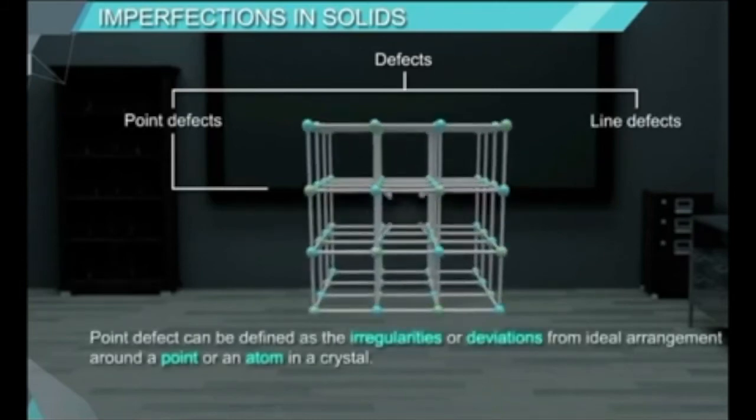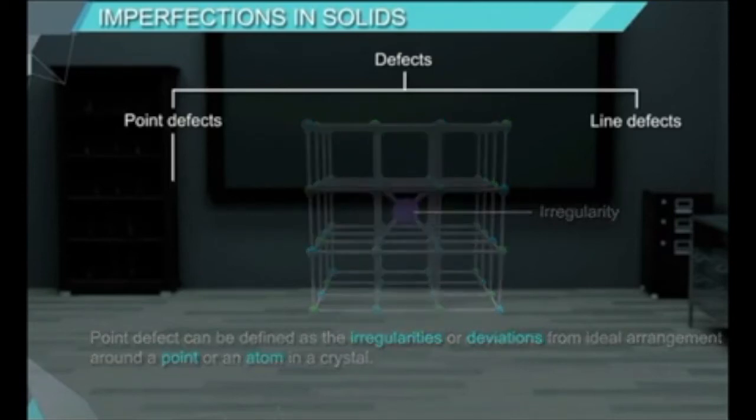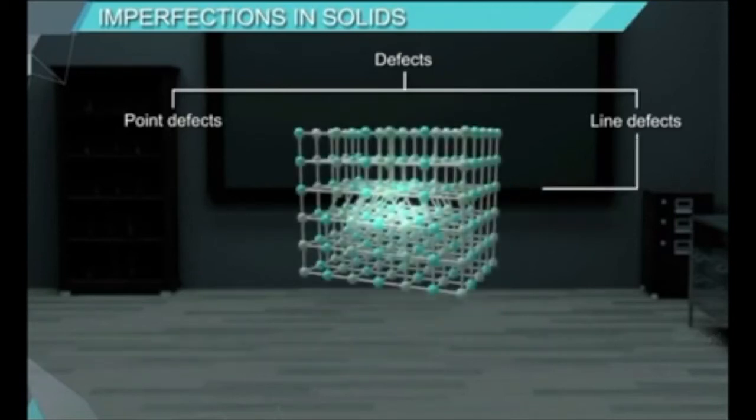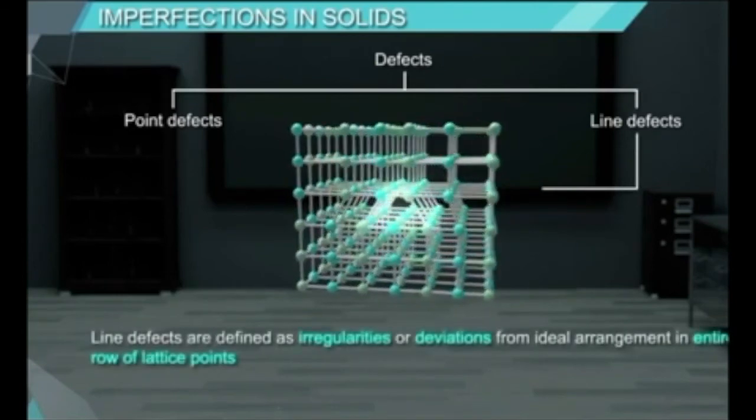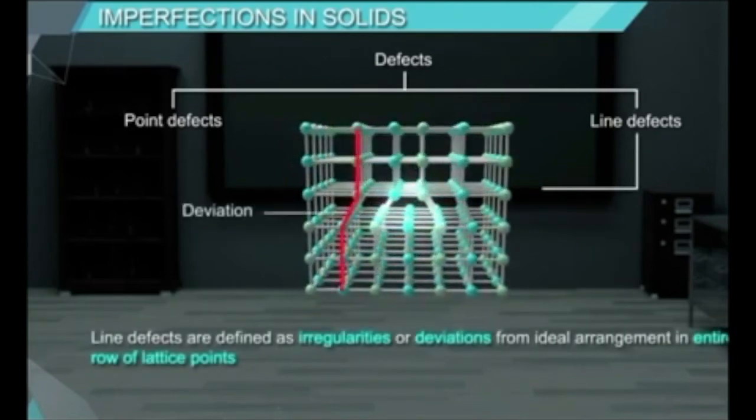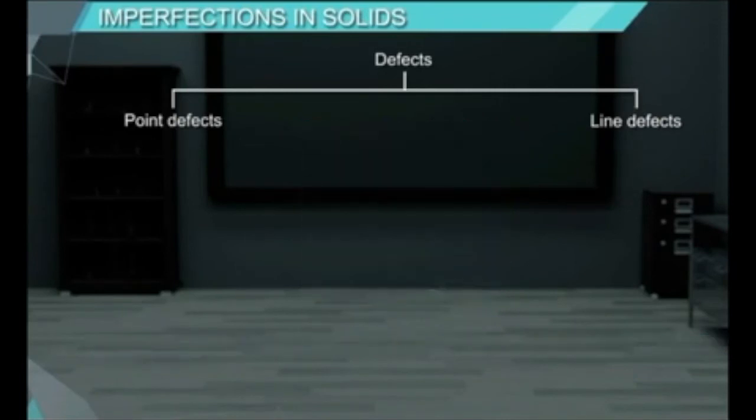Point defect can be defined as the irregularities or deviations from ideal arrangement around a point or an atom in a crystal. Line defects are defined as irregularities or deviations from ideal arrangement in an entire row of lattice points. In this chapter, we will learn only about point defects.